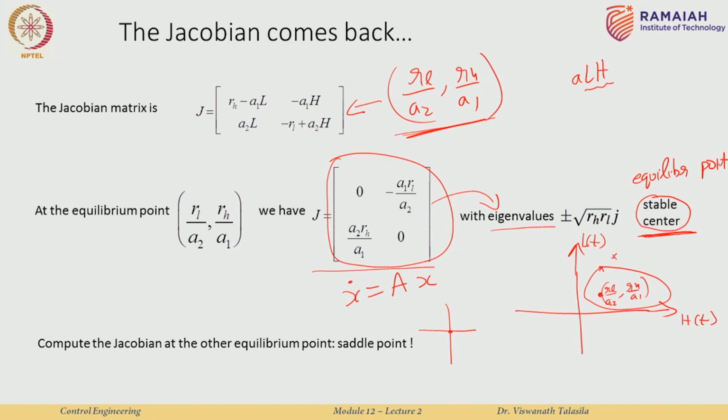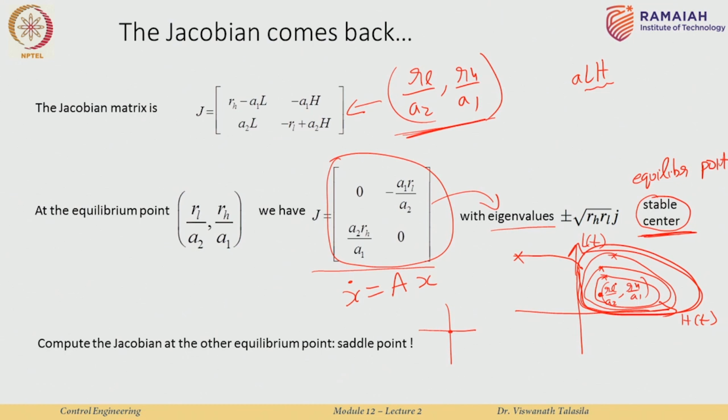Start at any other initial condition and it will go around that equilibrium point. Start over here, it will go around that equilibrium point. If you start somewhere over here, it would tend into this part of the axis and then again create a new orbit, and so on.